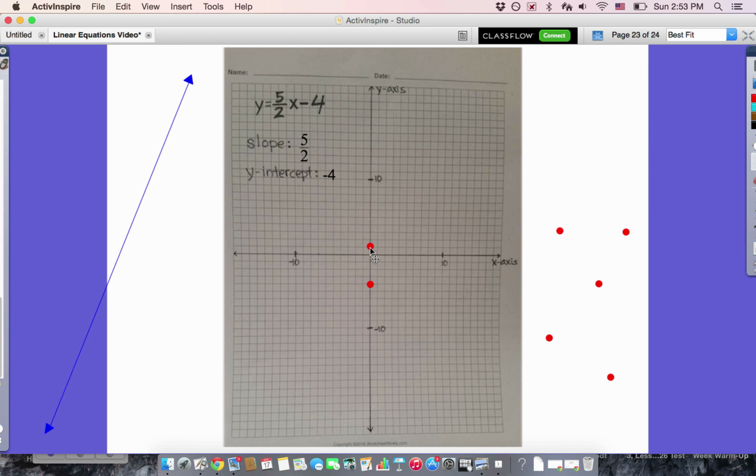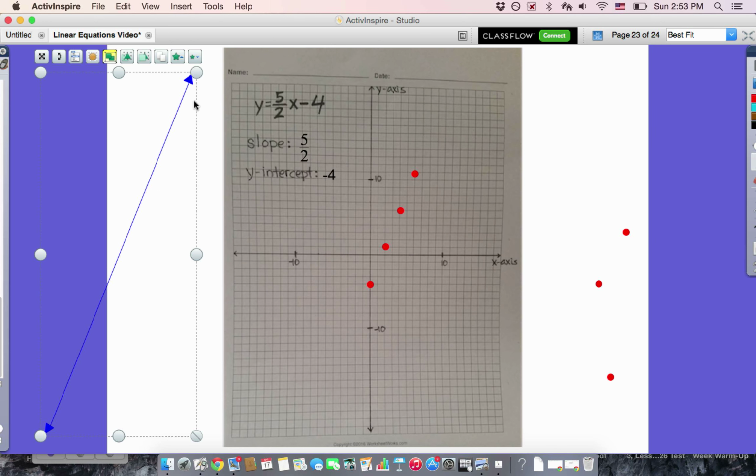So y is going to grow 5 for every 2 that x grows. Okay, so there we have one point. We can create another one. So it's going to grow 1, 2, 3, 4, 5. 5 y's for every 2 x's. Okay, and then we can keep going if we like. And I'm just going to stop there.